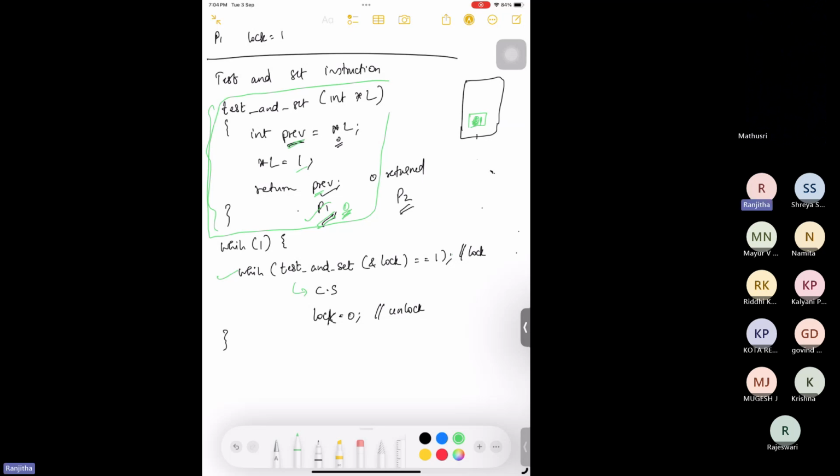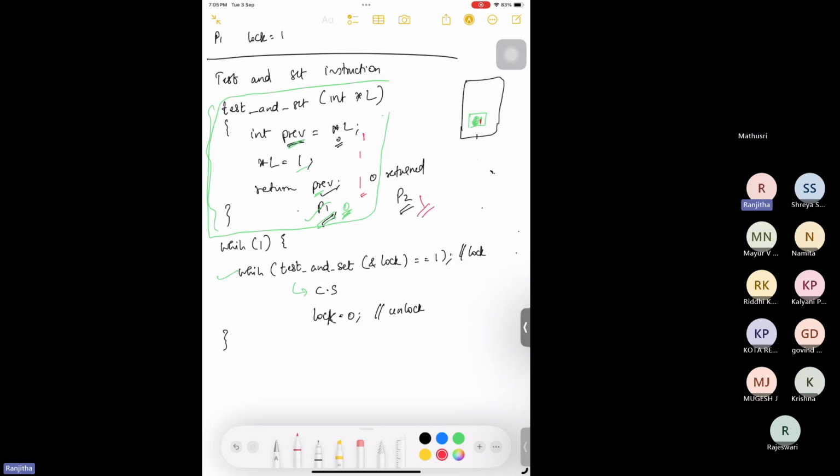By the time P2's turn comes, P2 does this test and set instruction. This is already set to 1. Now when P2 is doing, the value is 1 now. So previous will have value 1 and L will be anyway having 1 and what will be returned will be 1. So P2 will get 1 as the return value.